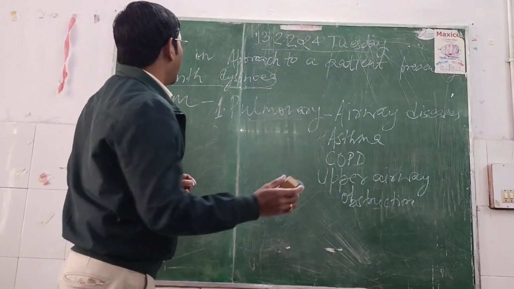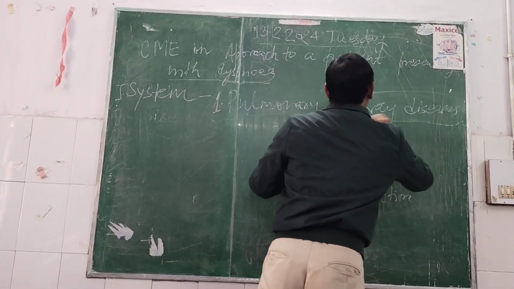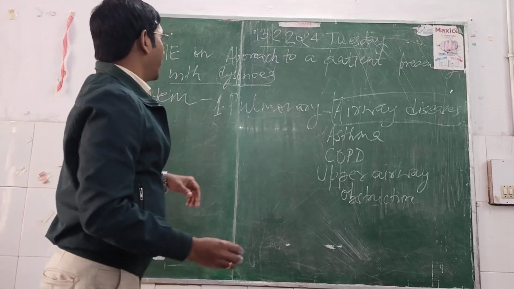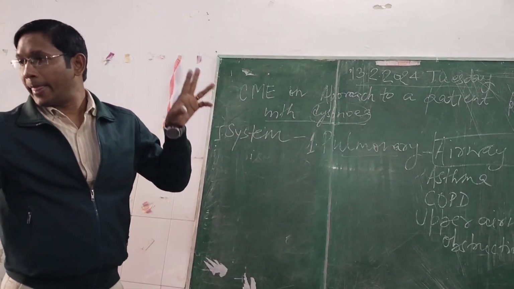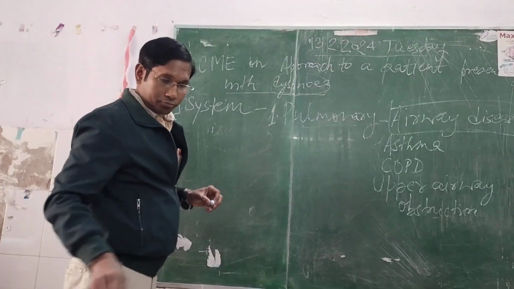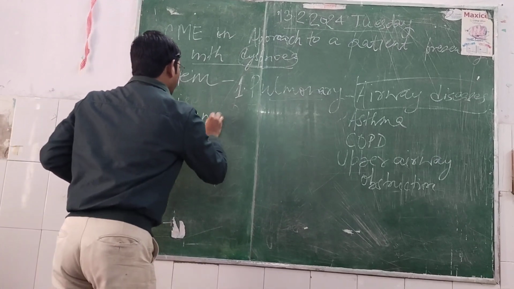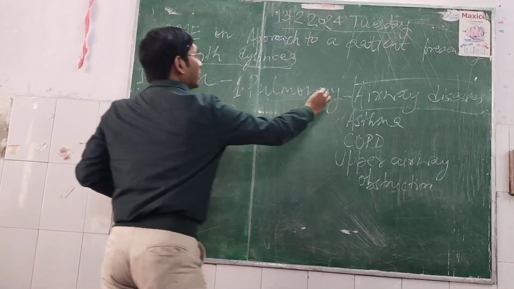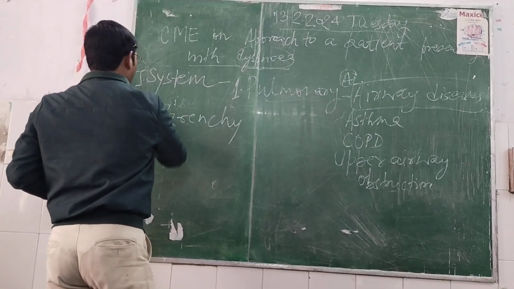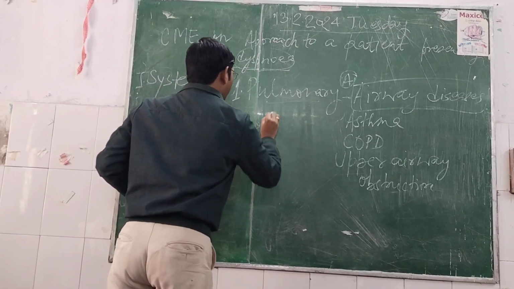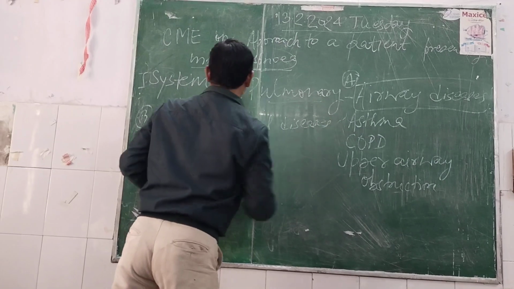Now, under the pulmonary heading, this was the airway disease. In the pulmonary system, there are three subparts: airway disease, parenchymal disease, and chest wall. Now the examples of parenchymal lung disease. I can write it as A, airway disease; B, parenchymal diseases.